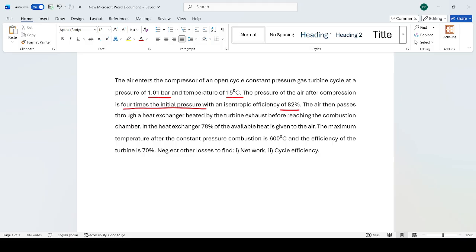It means that you are using a heat exchanger after the compressor and before the air is getting admitted into the combustion chamber. So definitely this arrangement is used to improve the performance of the simple open cycle gas turbine cycle as such, and such arrangement that we will be calling as regeneration.